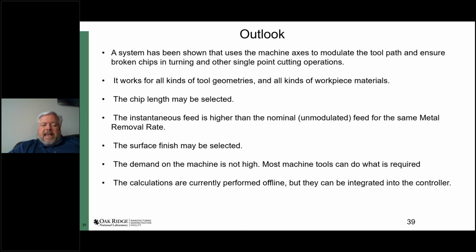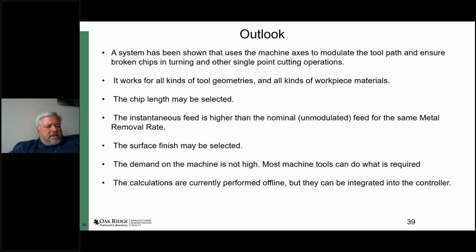The chip length can be selected within certain range. The instantaneous feed rate is higher to get the same material removal rate. The surface finish can be selected, but you sort of have to balance these conflicting requirements. Overall, the demand on the machine is not high. Most machine tools can do what's required.